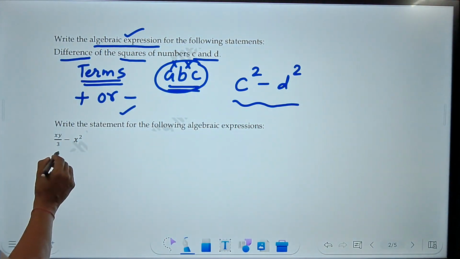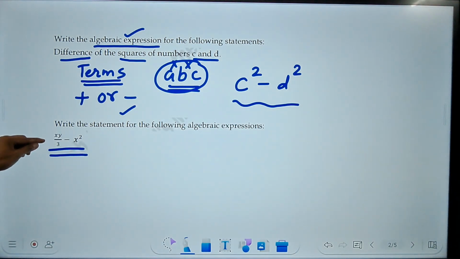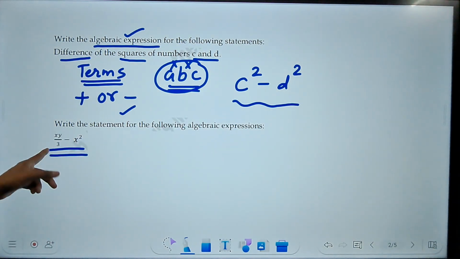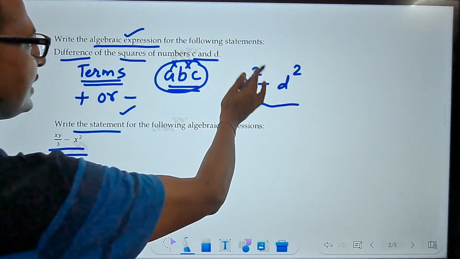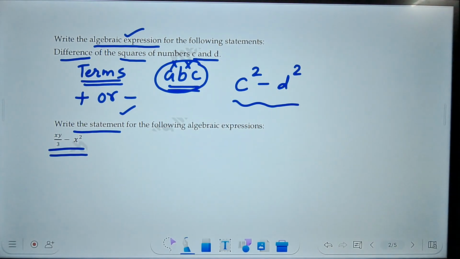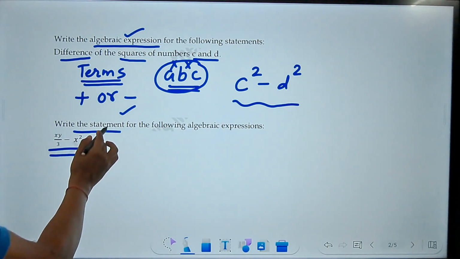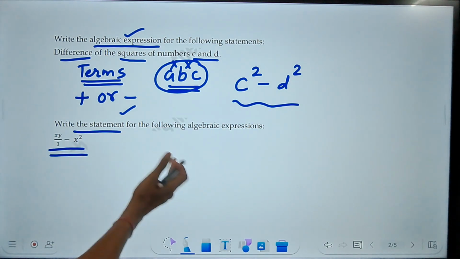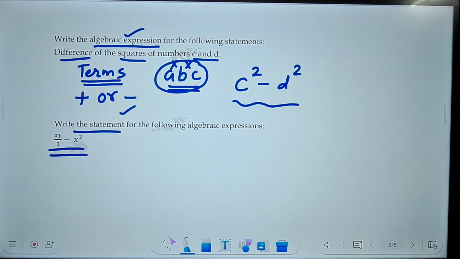Likewise, if you are given an expression like this, xy upon 3 minus x square, and you are asked to write the statement. Writing the expression from the statement is comparatively easier, and writing the statement from the expression is a little bit on the difficult side. So how do you write this?